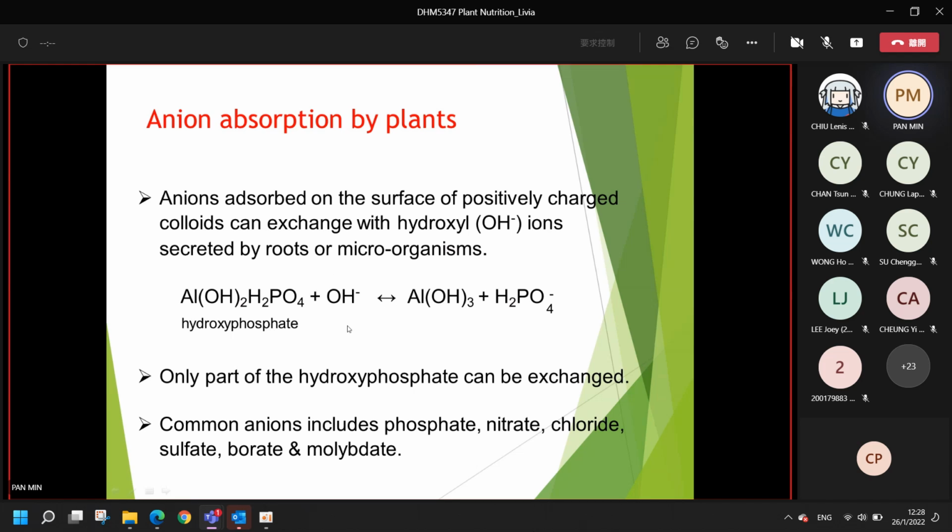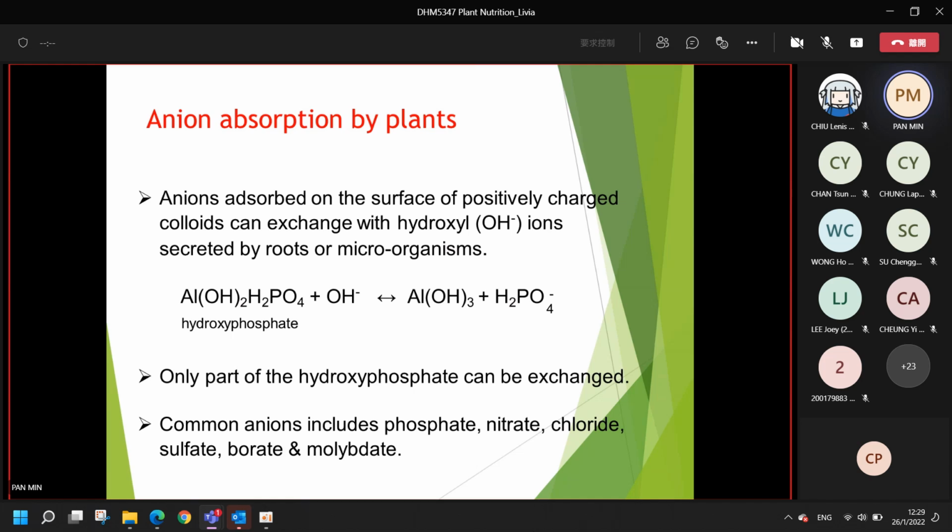That's why we need to add lime to adjust the soil pH, in order to increase the hydroxide level and help release the phosphorus and increase the phosphorus concentration. Only part of the phosphorus can be exchanged, because some of it is firmly bound in insoluble forms in the soil.